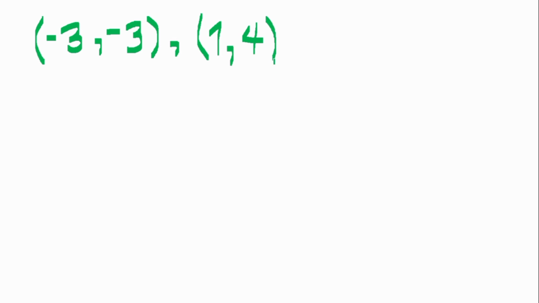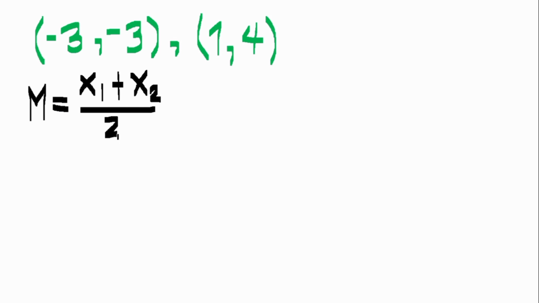Another example, we have the quantity of -3 and -3 and the quantity of 1 and 4. So our formula is M or midpoint is equal to x sub 1 plus x sub 2 divided by 2, then y sub 1 plus y sub 2 divided by 2.